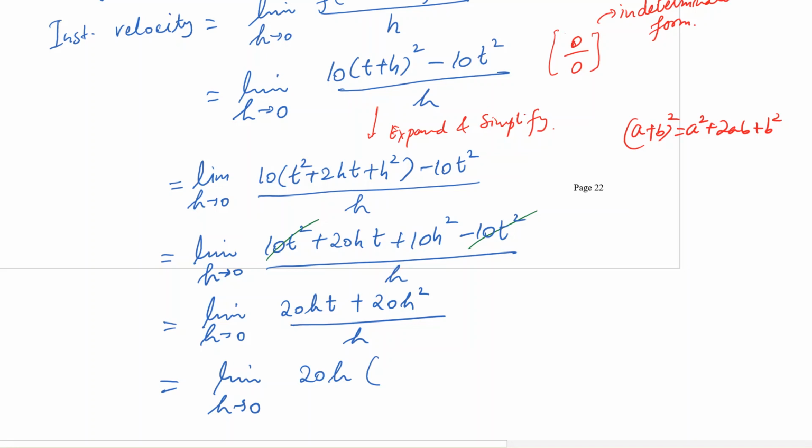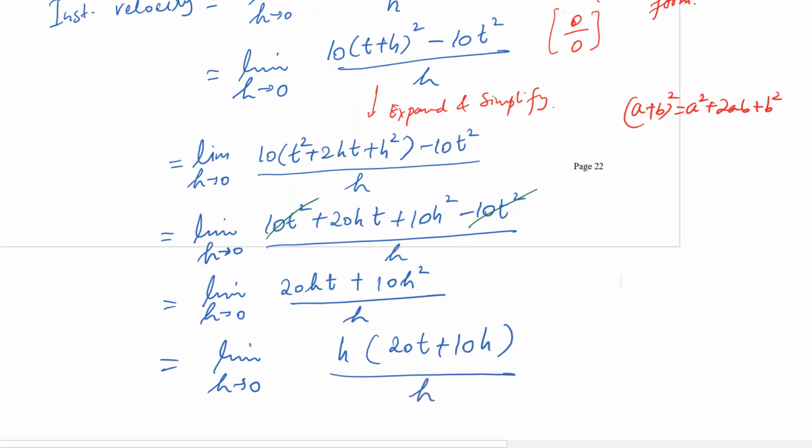So this would have been 10 here. And we cannot take 20 out, so we can only take 10 out. Or let's just take h out. So in this case, h, and then we have 20t plus 10h over h.